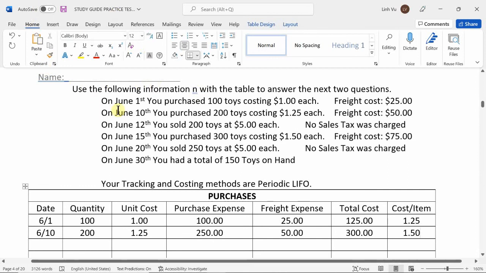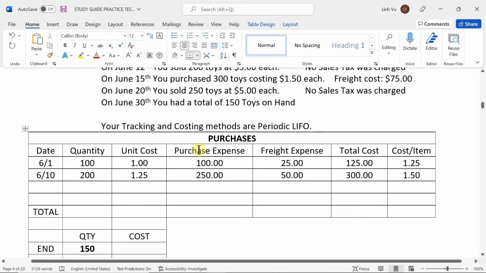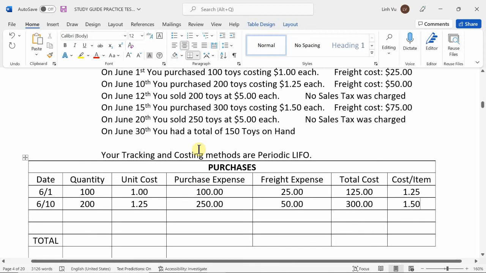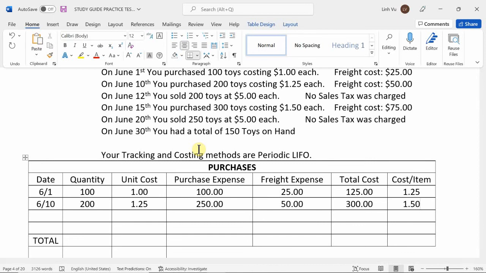What do I do with this information here? Well, we can calculate it as a part of the cost of goods sold. Do I need to do that with periodic inventory? No. Well, at the end we do, because you need to take a physical count to get your total amount of items sold.